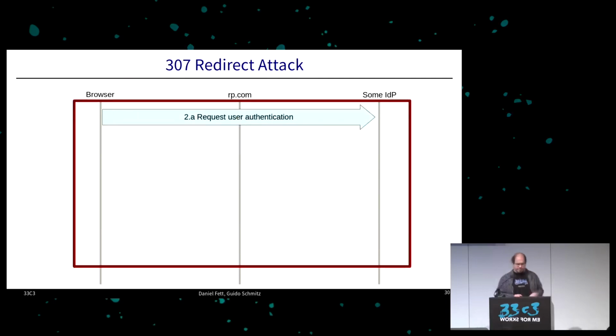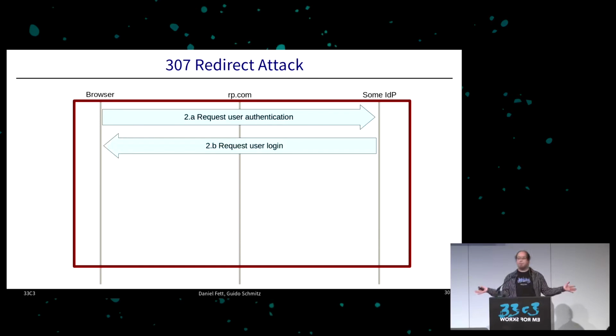If you look more into the details of these requests, first you have this request where you go to your identity provider and start the OAuth flow there. So you just came from the relying party where you want to log in, clicked on the button to log in with this IDP, you get redirected, and then your browser contacts this identity provider. Here I have been redirected to you in an OAuth flow. Please authenticate the user. So this is step 2A.